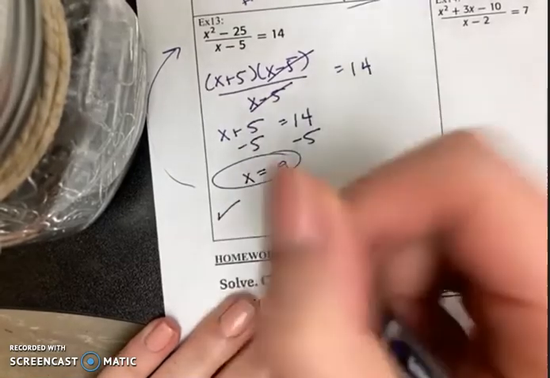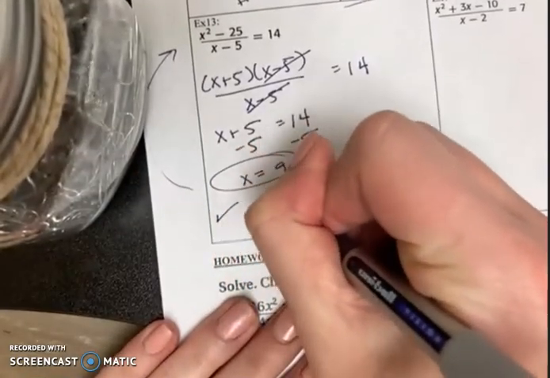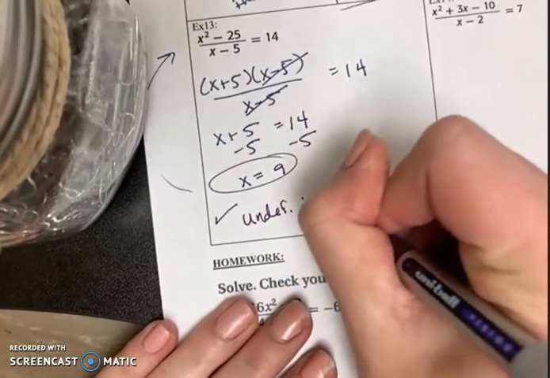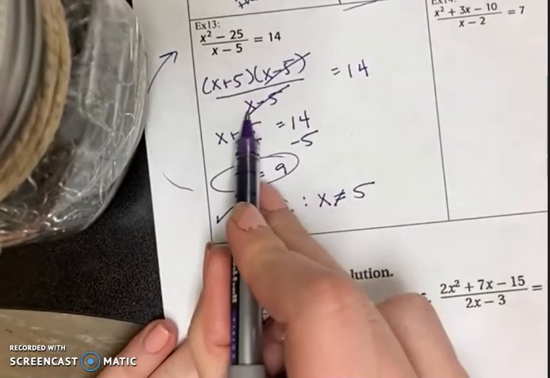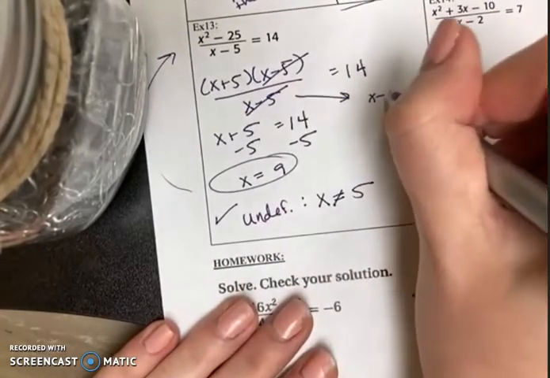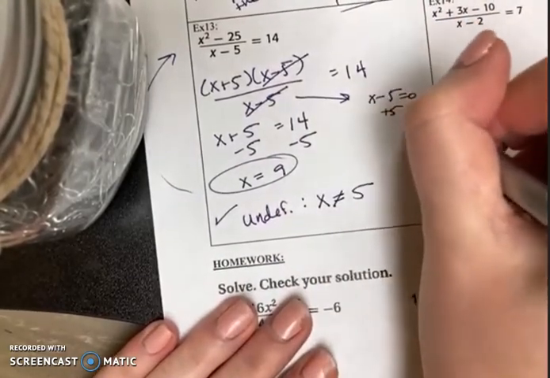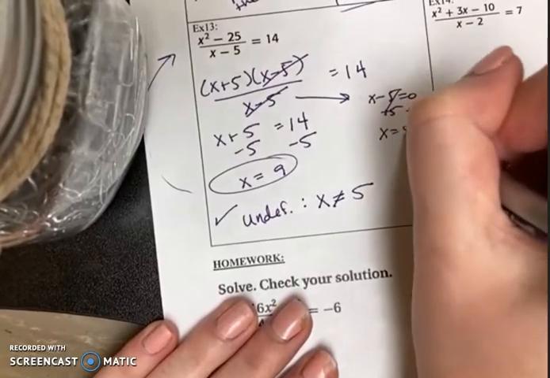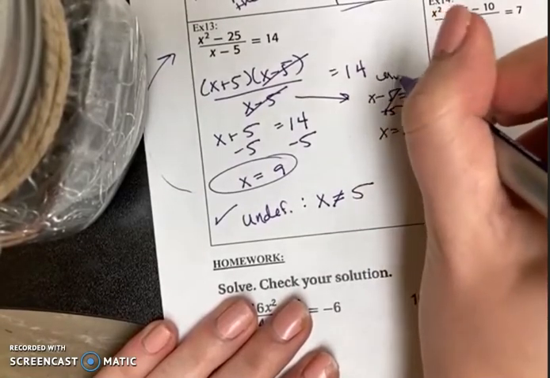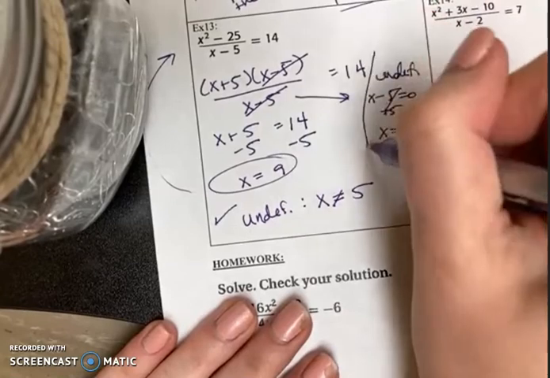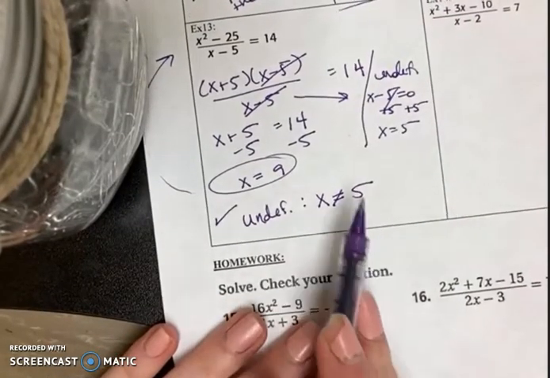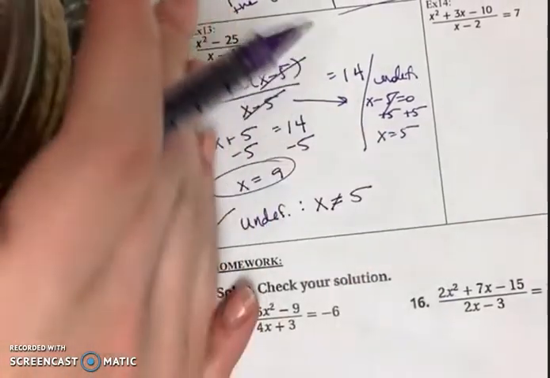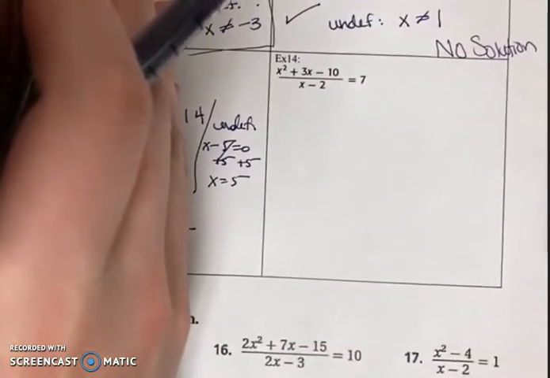So just by looking at this, I can tell it's going to be undefined when x is a positive 5, because x minus 5 equal to 0, you would add 5 to each side. This one is undefined at 5. So because 9 is not 5, that means, hey, that should work. It is a solution.